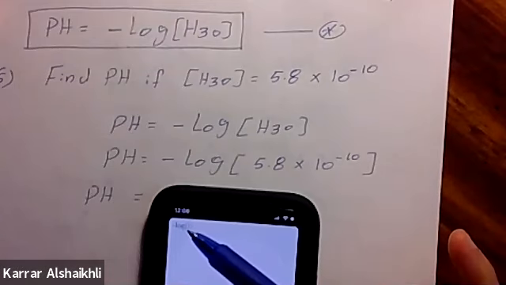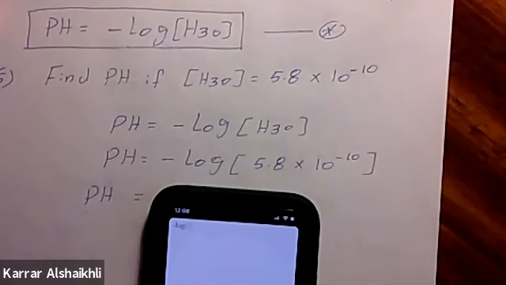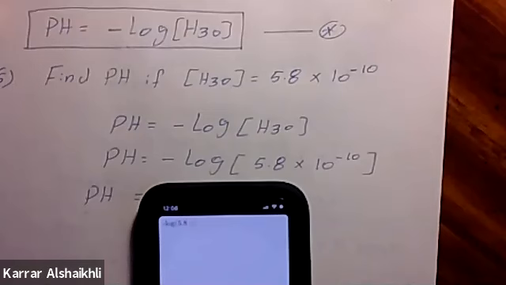You see, there are already two parentheses. So I'm going to write down these two numbers, 5.8 times, you see, this is times 10 to the exponent negative 10. And you see, I have to close the parentheses.